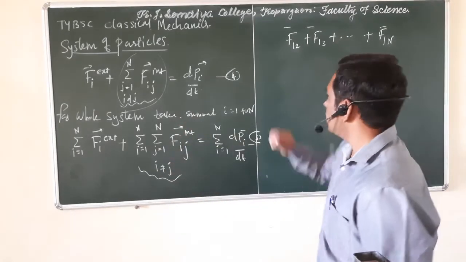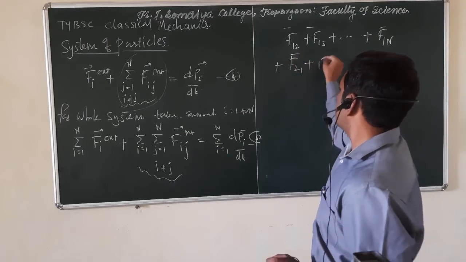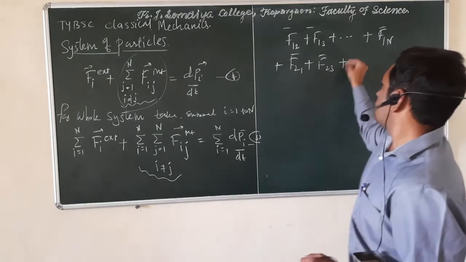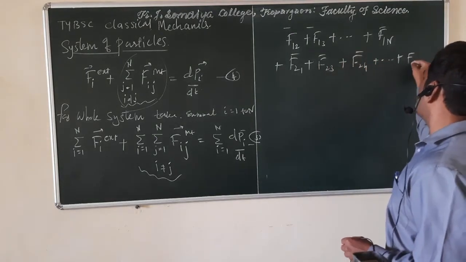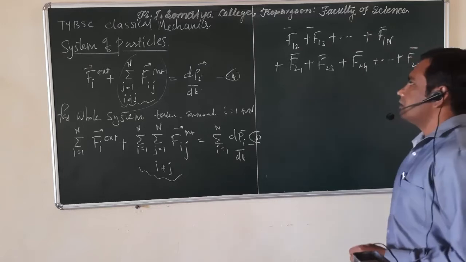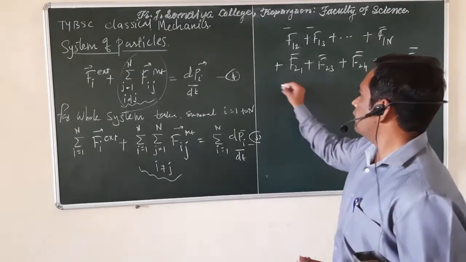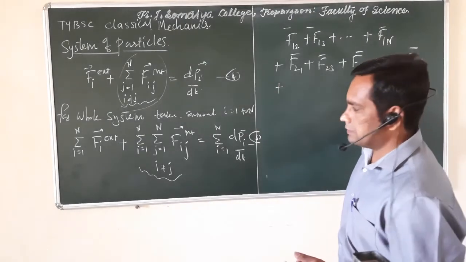So what are those terms? First term is f21, f23, since the 2 term is excluded, then f24, plus up to f2n. If you take i equal to 3, you have plus f31, f32, like this.